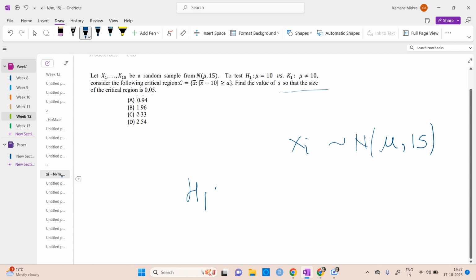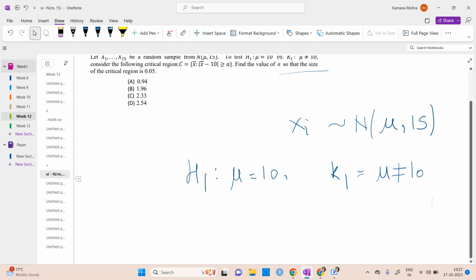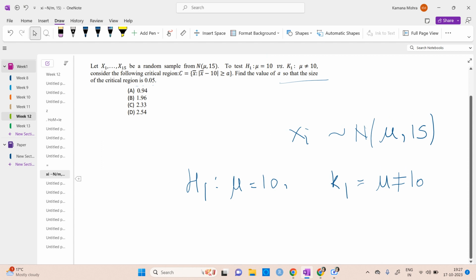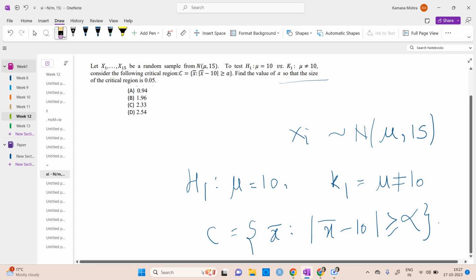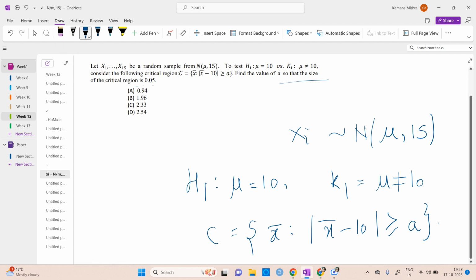So the null hypothesis is mu is equal to 10 and H1 is mu not equal to 10. So the critical region here is C, x bar, and better write it as A, otherwise it would be confusing with alpha.